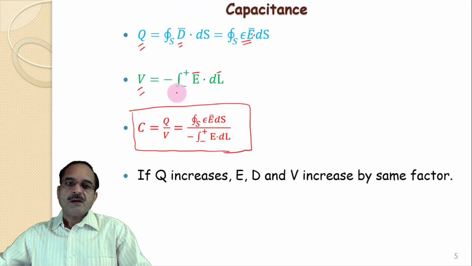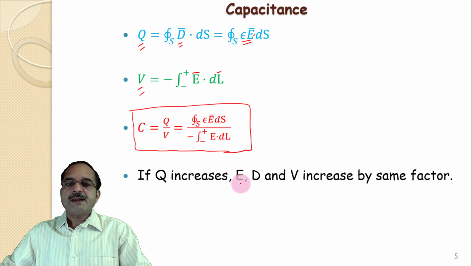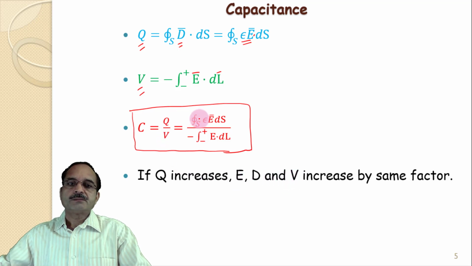Now, if charge Q increases, then the electric field intensity as well as electric flux density and V change by the same amount. Because of this, the ratio of Q upon V remains constant.